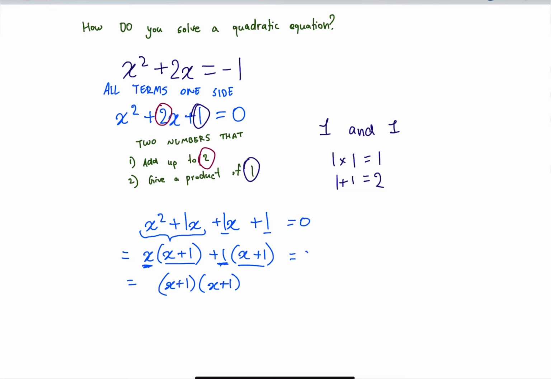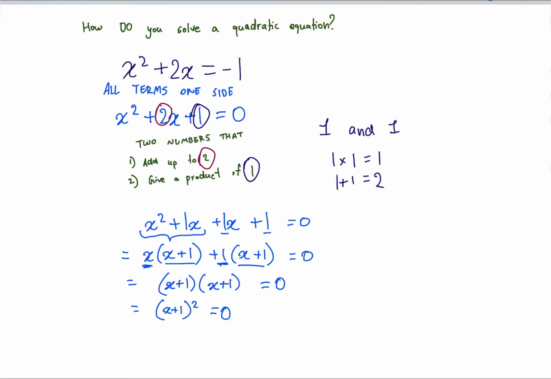All of this equals 0. Remember that, because this is basically our original equation, except a bit more simplified. So x plus 1 times x plus 1 is equal to x plus 1 squared, which gives you 0. Now, what number squared gives you 0? 0, that's the only answer.